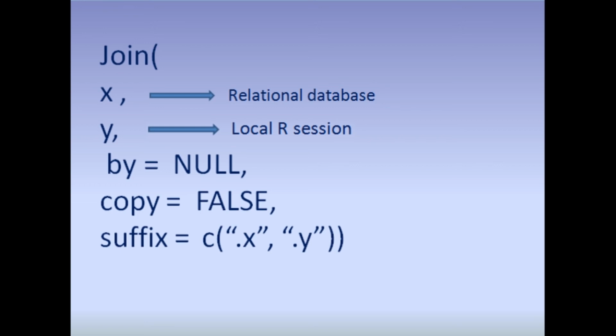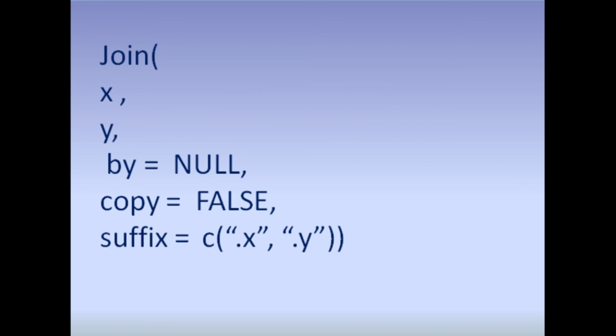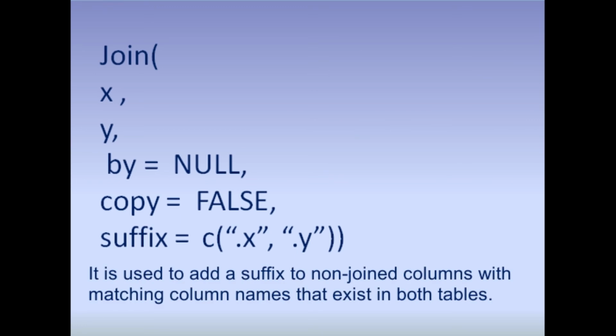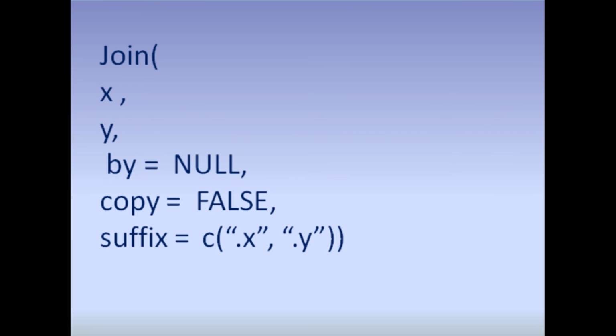This is not advisable if the dataset is really huge, so copy is set to false by default. Another one is suffix. It is used to add a suffix to non-joined columns with matching column names that exist in both tables. All except semi join and anti join functions include the suffix argument.